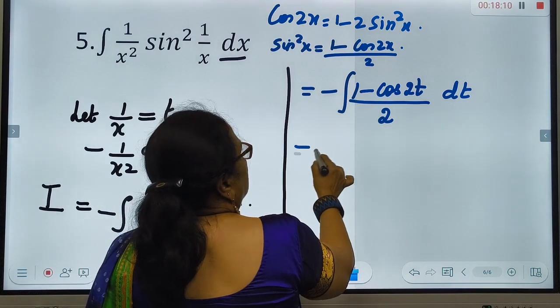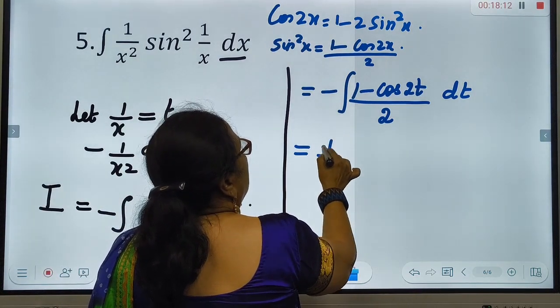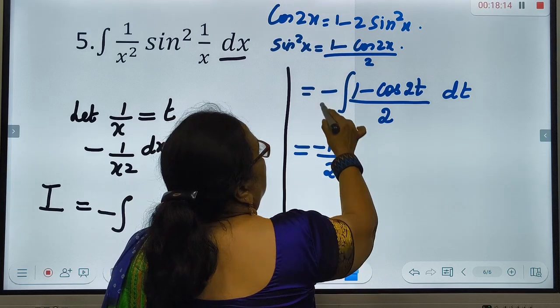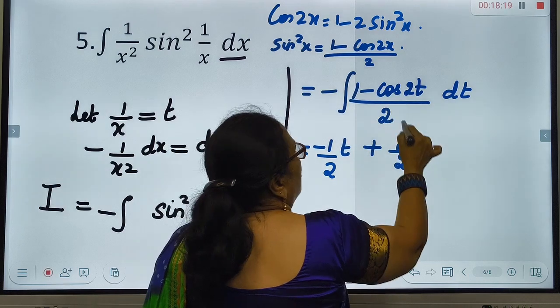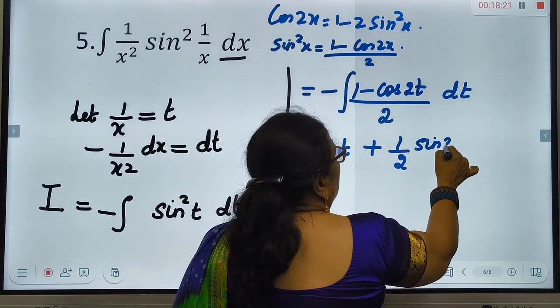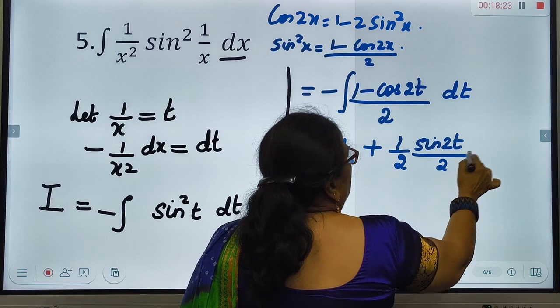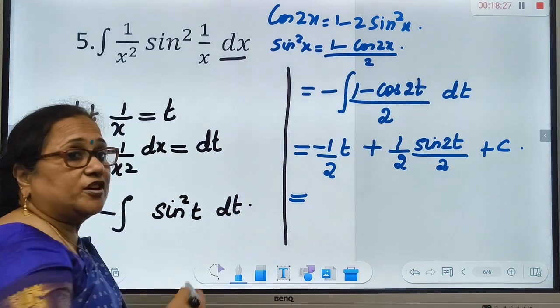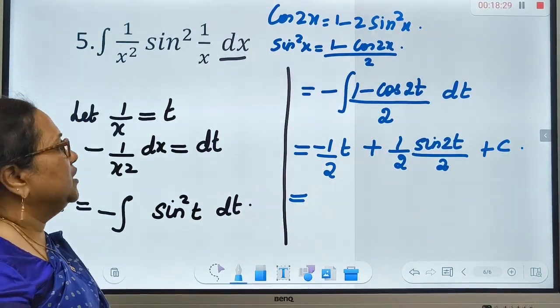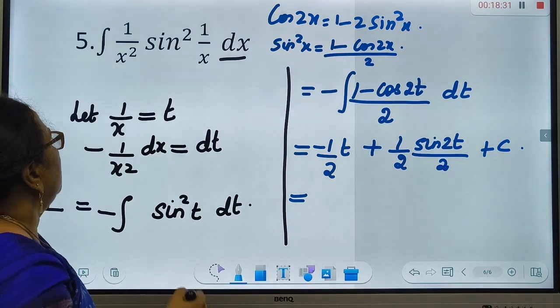This is minus half into t plus half into the integral of cos 2t, which is sine 2t by 2, plus c. This is in terms of t, while the original function is in terms of x. So we'll write t in terms of x.